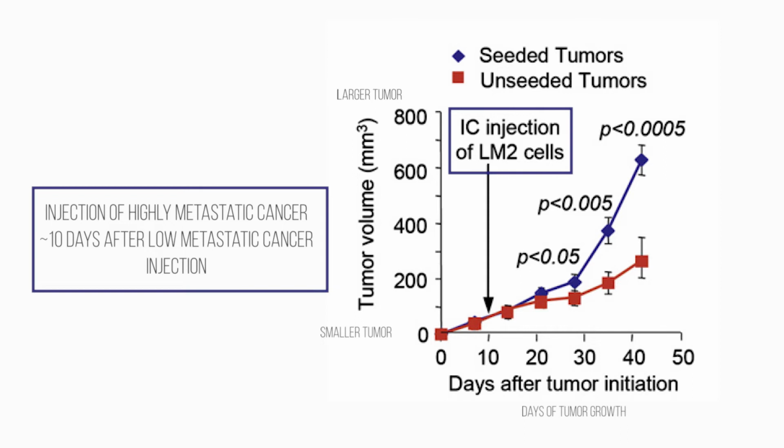And then what they show is that there's a massive increase in the size of the tumor just by the injection of these highly metastatic cells. So the low metastatic cells show a slow rise in this tumor, but when you inject the high metastatic cells, suddenly it increases way faster than if you just had the low metastatic cells in that area.